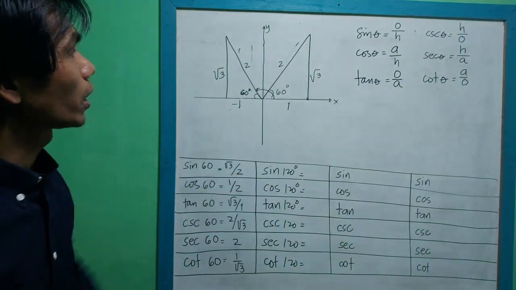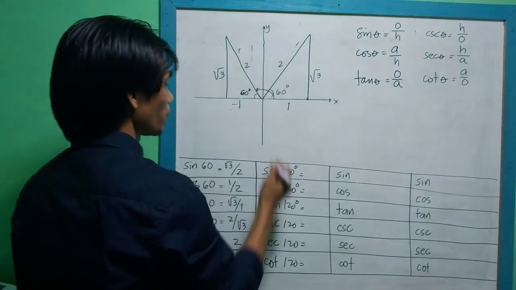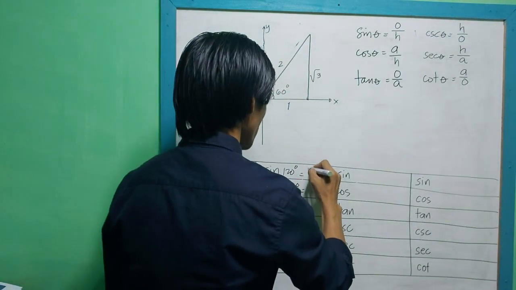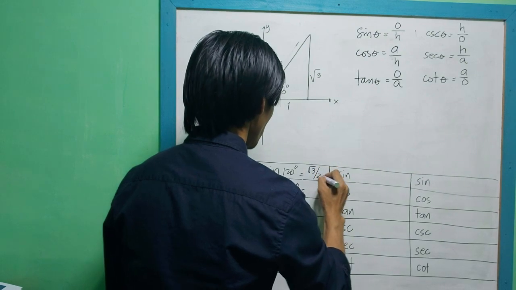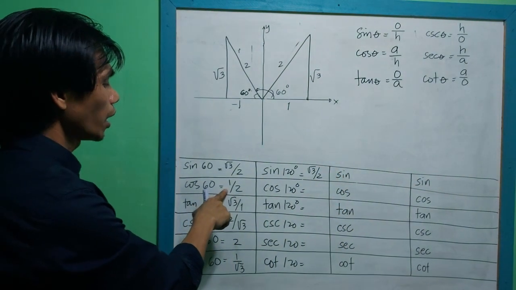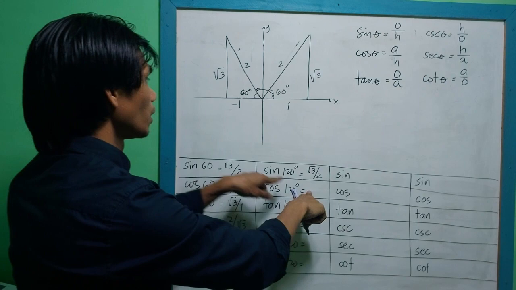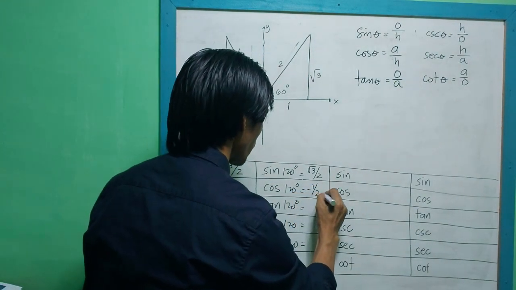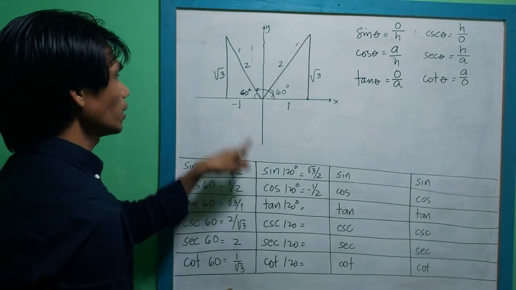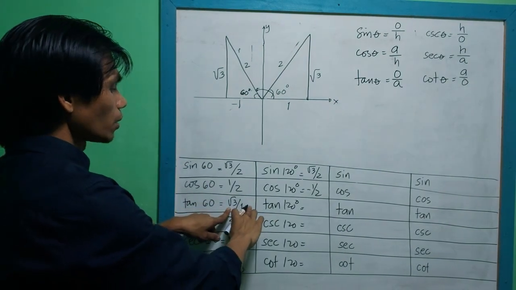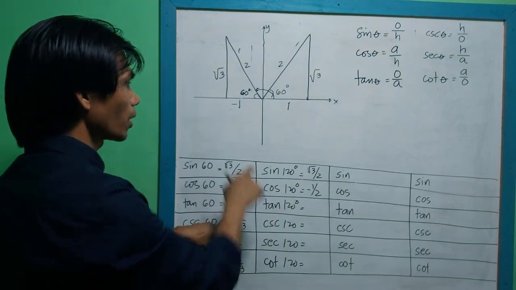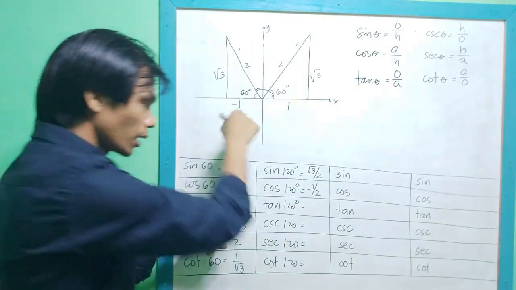So, sine of 120, opposite over hypotenuse pa din. Square root of 3 over 2. Pero, eto, 1/2 din. Yun nga lang, negative na siya. So, negative 1/2.